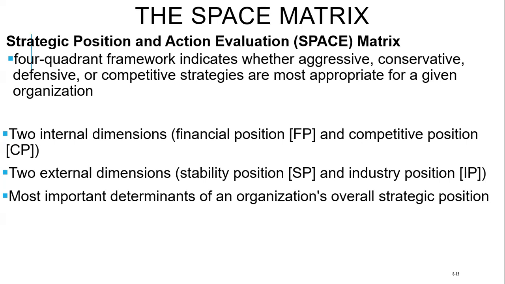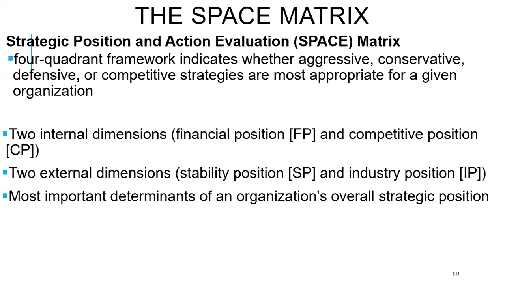Now, the 4 quadrants contain labels including financial position, information about the financial position of the organization, the competitive position of the organization, the stability position of the organization, as well as their industry position.